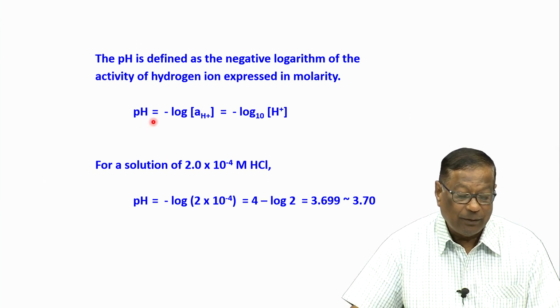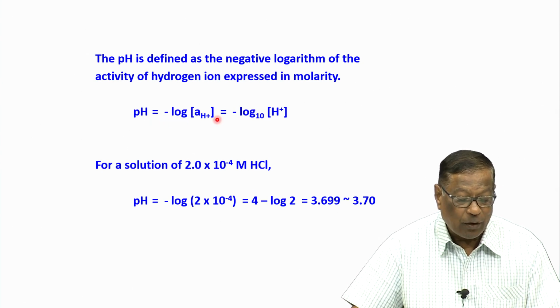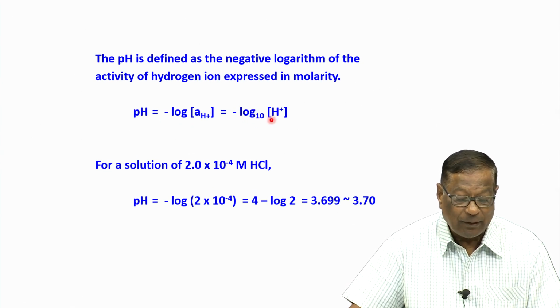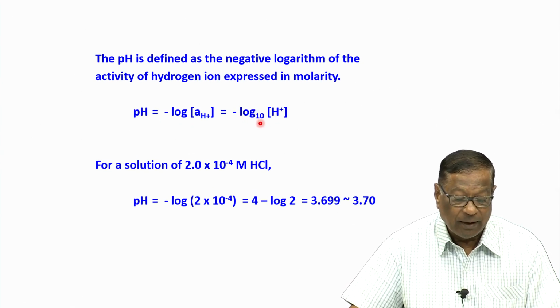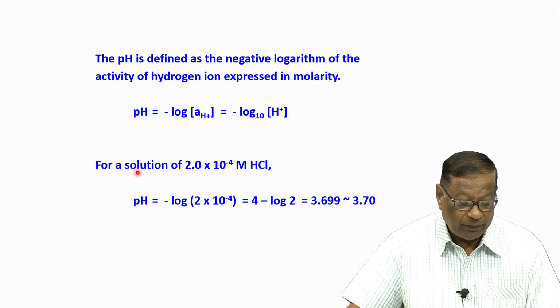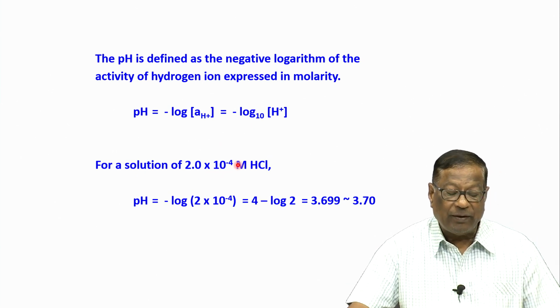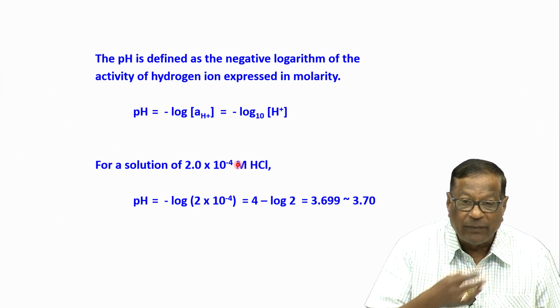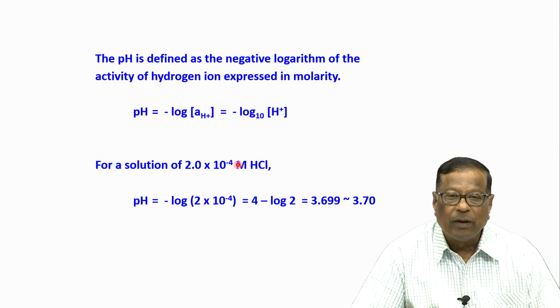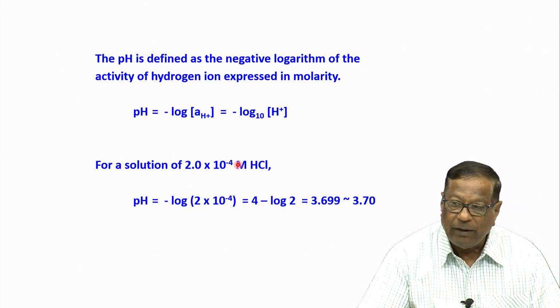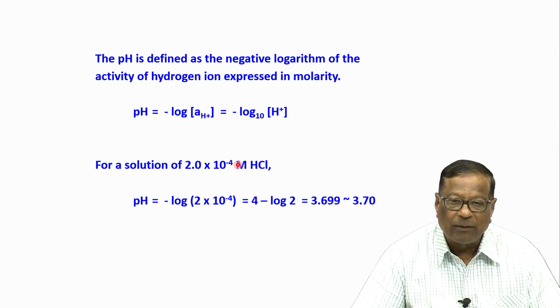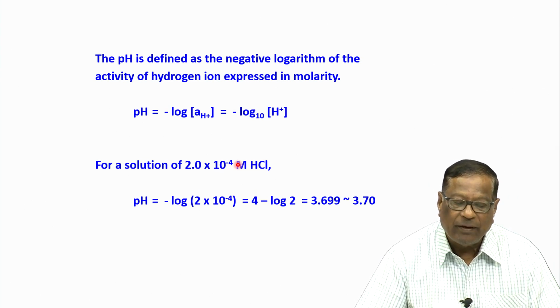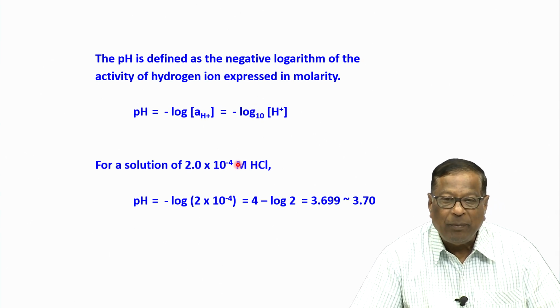Okay. So, we write pH is negative log of aH+, a is activity, that is also equal to negative log of H+ ion, log to the base 10. For a solution of 2.0 × 10^-4 molar HCl, if I have a solution of 2.0 × 10^-4 molar hydrochloric acid, what would be the pH?